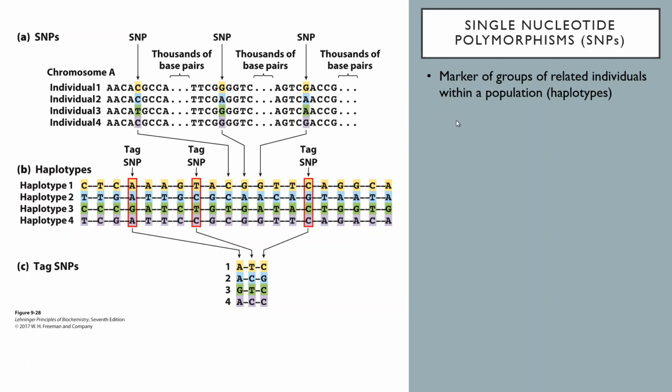These are called single nucleotide polymorphisms, or SNPs. So a SNP, or whatever you want to call it, is just a position in the genome where the genome sequence is not the same from one individual to another.